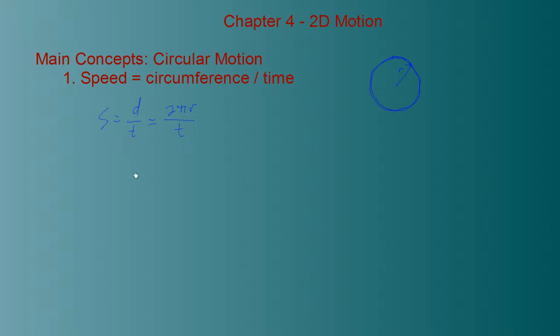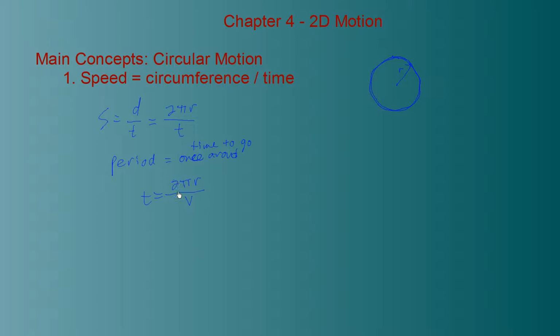If you want the period, which is the time to go once around, then T really does equal 2 pi r over your velocity, because 2 pi r is one circumference.